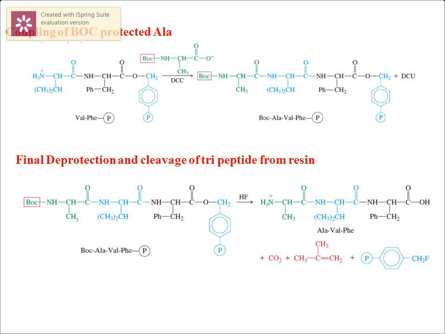And the last thing, it can be automated very easily. I explained this one with the use of a syringe, by taking the solid support in a syringe. That means this can be easily automated. Now many peptide synthesizers are available in the market. So nowadays peptide synthesis is performed with machines, peptide synthesizers.